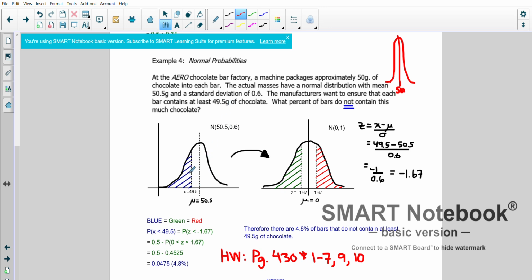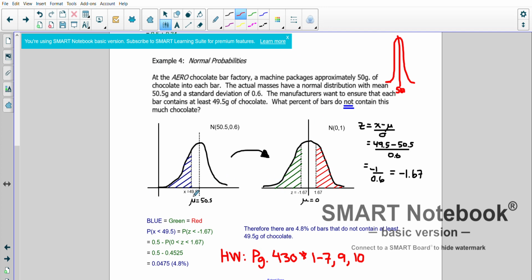So what's the probability that x is less than 49.5? So I need this blue shaded region. Again, there's no table that's going to show me this, but there is the table that's going to show me the standard normal distribution. So if I can figure out the z-score that goes along with this, I can use that to find the green shaded region, which is going to be approximately the same as the blue.